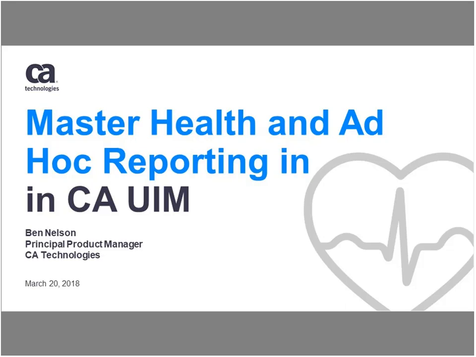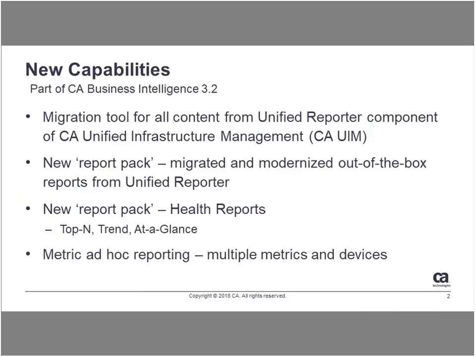So in terms of the schedule here, we're going to be discussing, first of all, what we've just recently released with the CABI 3.2 probe, which was released in November of last year around CA World timeframe. This session is focused on the reporting aspects of CABI, not the dashboarding.